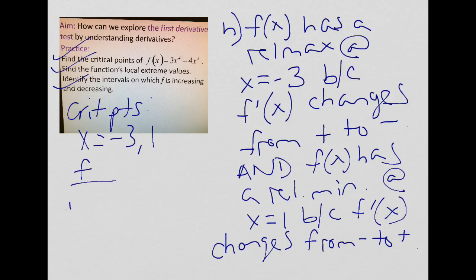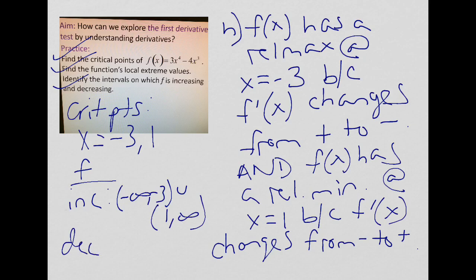So f was increasing on the intervals of -infinity to -3 or 1 to infinity, and it was decreasing on the one interval from -3 to 1. Okay, so that details everything. Our first derivative test helps us out, and I just want to wish you good luck on your practice.